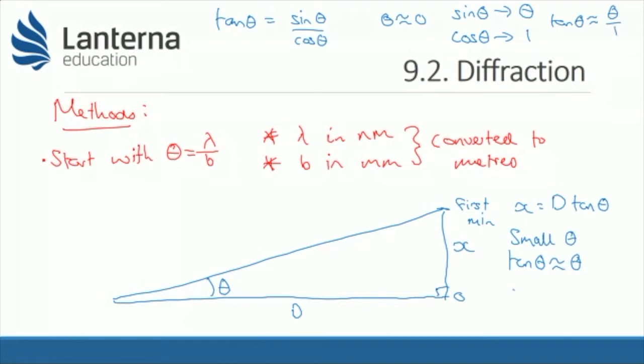So the height up the screen of the first minimum is d theta, or d lambda over b. So those are the 2 things they can ask you to do. 1, find the angle of the first minimum. Once we know that one, we can find all other minima just by multiplying it by 2, 3, 4, or whatever. And then we may have to find the height up here to get our next 2 marks.